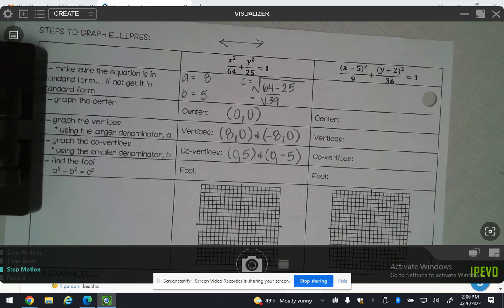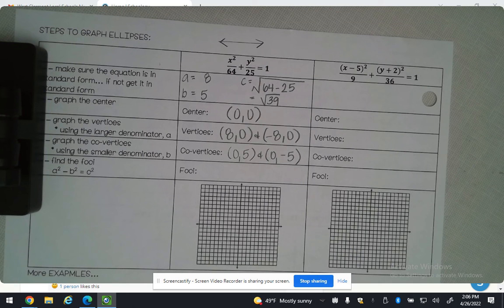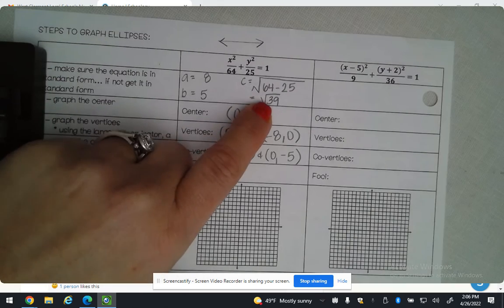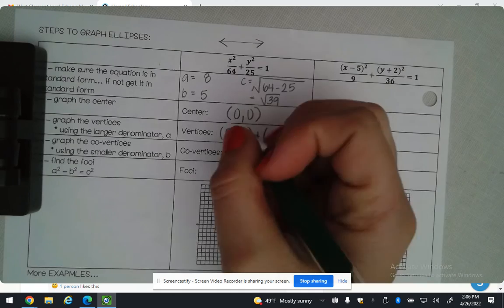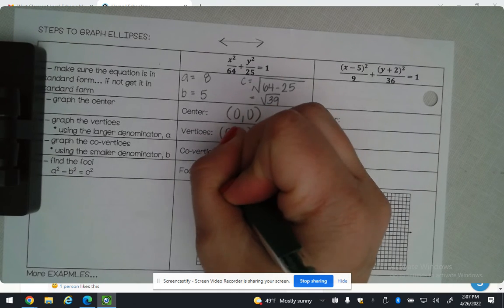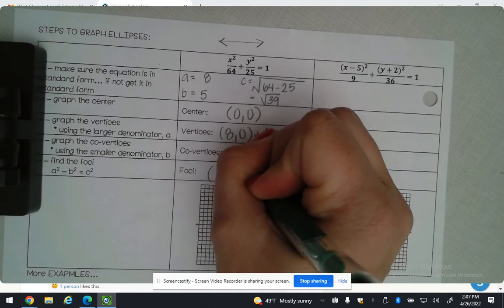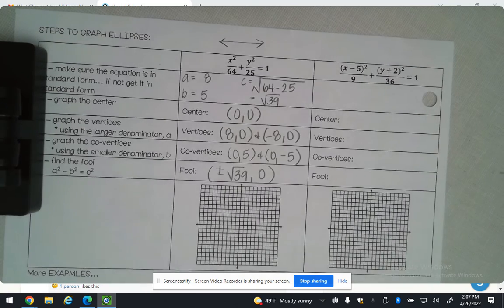Which axis are the foci on? The major, which is which direction? It's horizontal, right? So horizontal means it is either X or Y. Which one? It's X. So you take your c value and add it to the X coordinate of your center. So your foci are going to be plus or minus radical 39, comma 0.